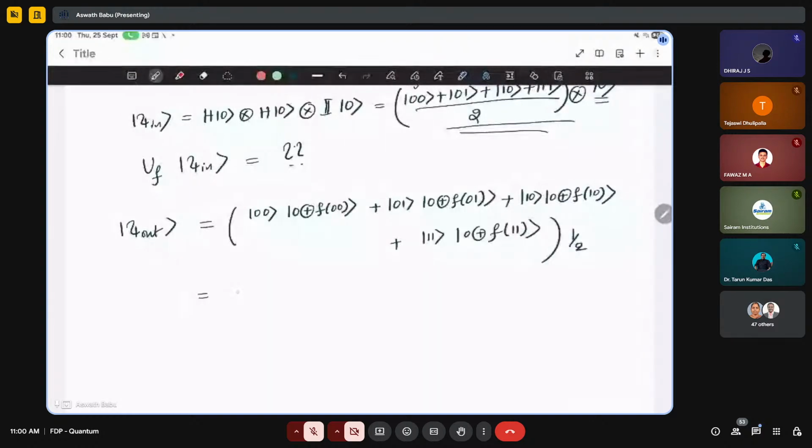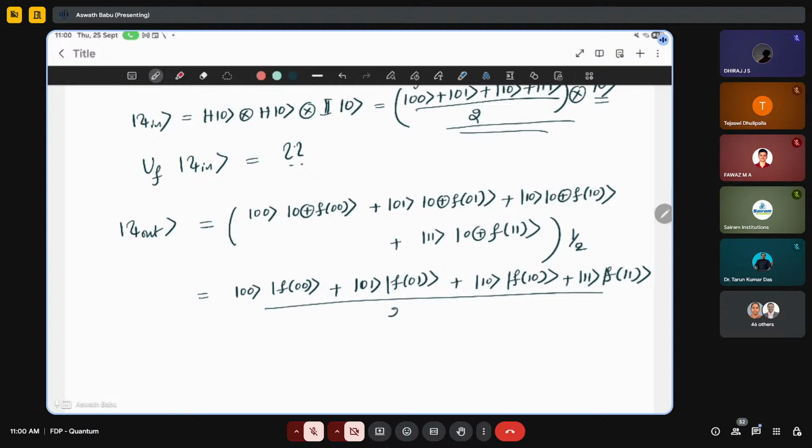So you can write the output in ket form as 0,0,f of 0,0 plus 0,1,f of 0,1 plus 1,0,f of 1,0 plus 1,1,f of 1,1, divided by 2.